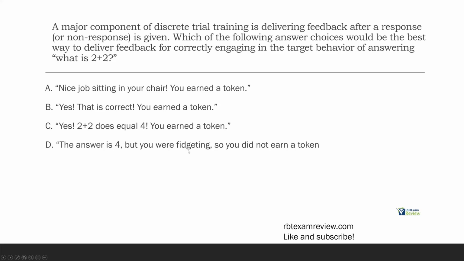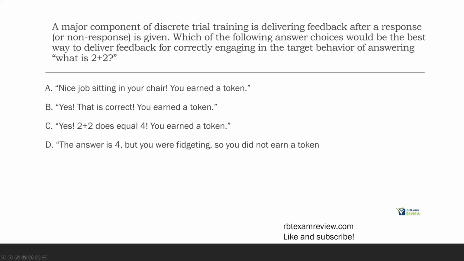D, the answer is 4, but you were fidgeting, so you did not earn a token. So common. What's our target behavior? Target behavior is 2 plus 2, which is 4. Client did it correctly, but they're fidgeting. Is fidgeting what we're worried about given our information? No. We're worried about them answering what is 2 plus 2. If the client engages in the target behavior, we need to reinforce them.